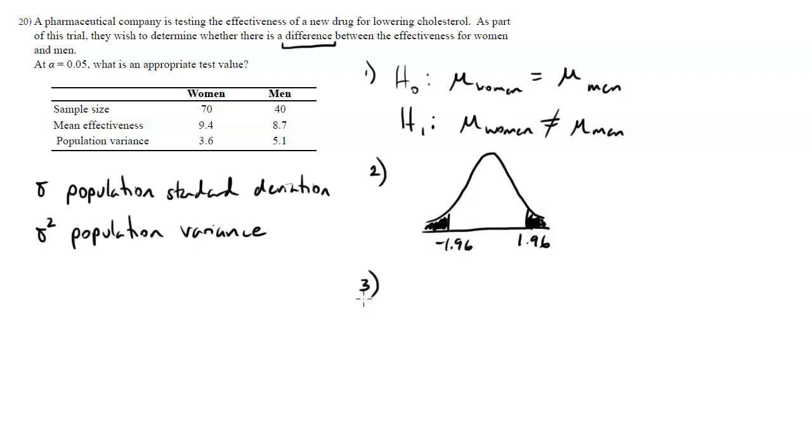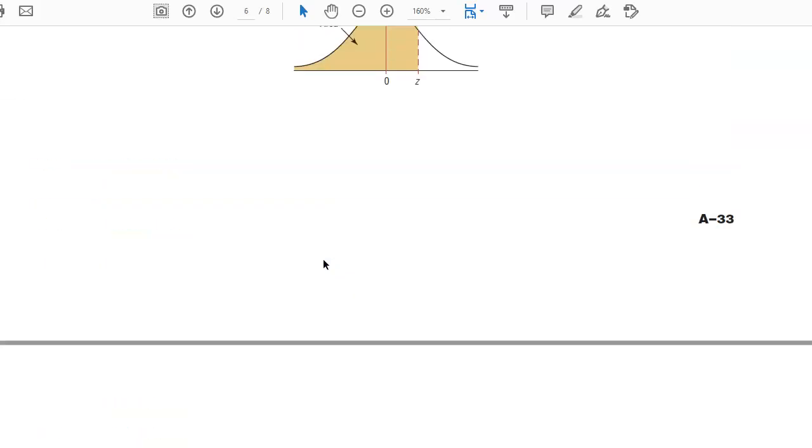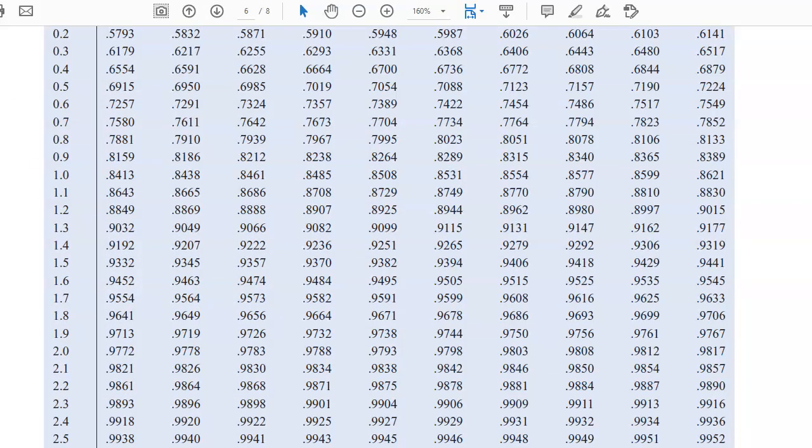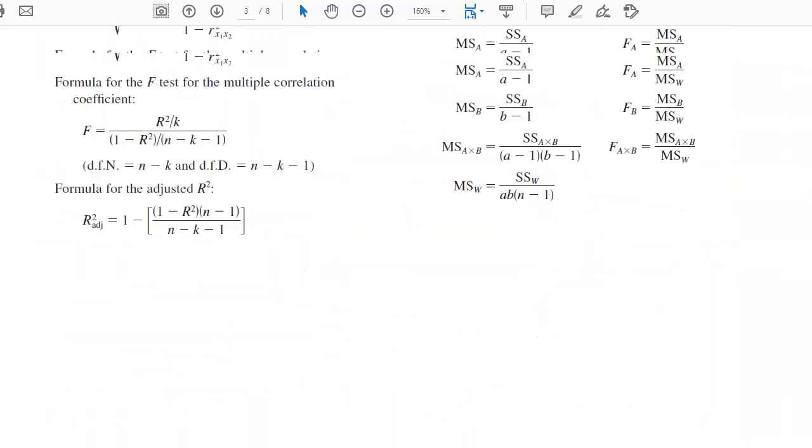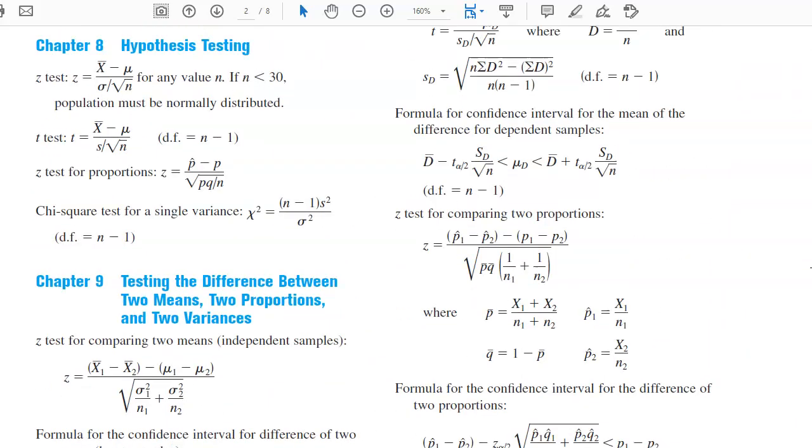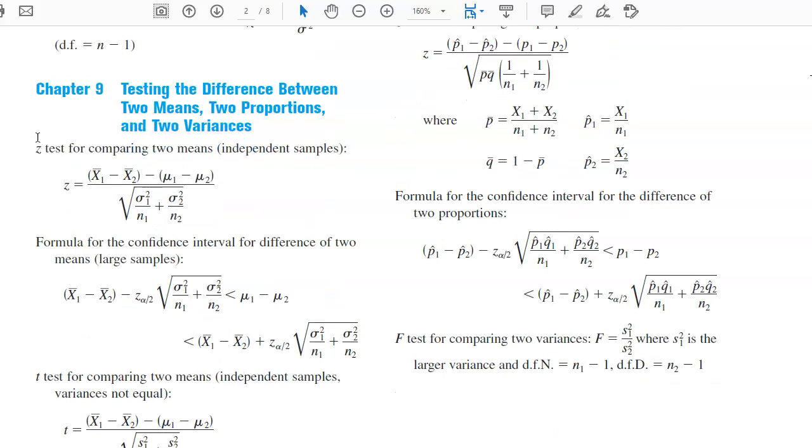Now the test value. Let's look this up because we haven't done this yet on this review sheet. So how do we find the test value? Chapter 9, because this is a two sample test. Z-test, here's the formula. It's a bit much. You can do this in the calculator, or we can do it by hand. Either or, I'll write out the formula.